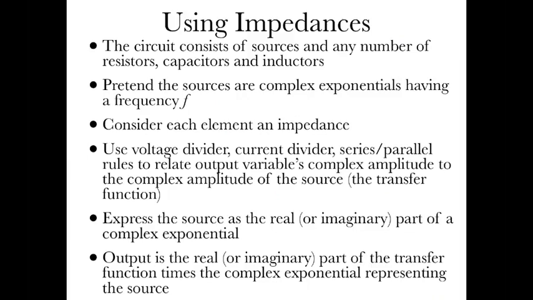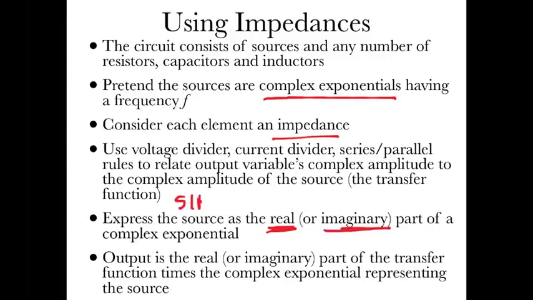Okay, so here's the big picture. For any circuit we have, pretend the source is a complex exponential, although it really isn't. Use impedances to find the transfer function. Now we express the source as the real part or imaginary part of a complex exponential.